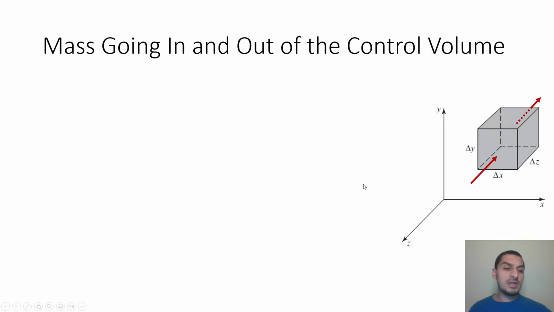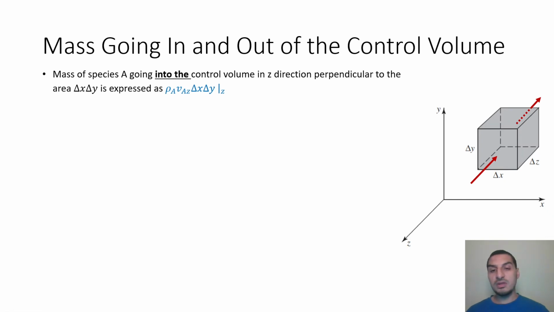So let's assume that the mass is going in from here and coming out from the other side, entering at point Z and coming out at point Z plus delta Z. And this is how we are doing the calculation. So the first is the mass going into the control volume. It's expressed as rho A, which is the mass concentration, mass per unit volume, so it's gram per centimeter cube, for instance.